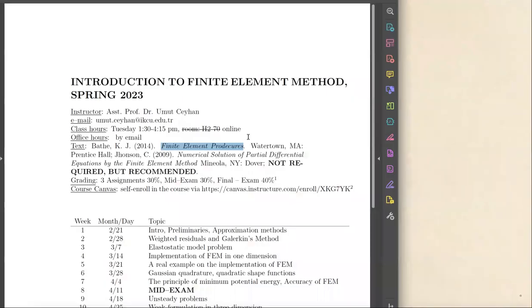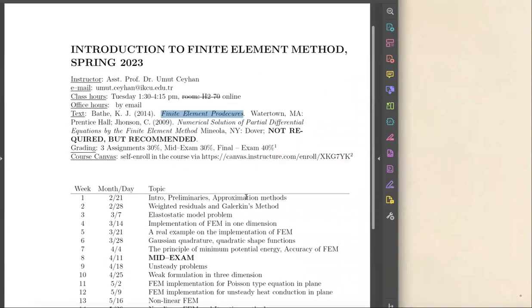I already published the syllabus, so this is going to be a very basic introduction to finite element method, but you're able to learn every detail of the method because I'm teaching starting from scratch, and you're going to come to a point that you're able to develop your own solvers, even for very complicated problems, linear, non-linear, like maybe you're familiar with the Navier-Stokes equations, which is the most complicated equation that can even be integrated by using the finite element technique.